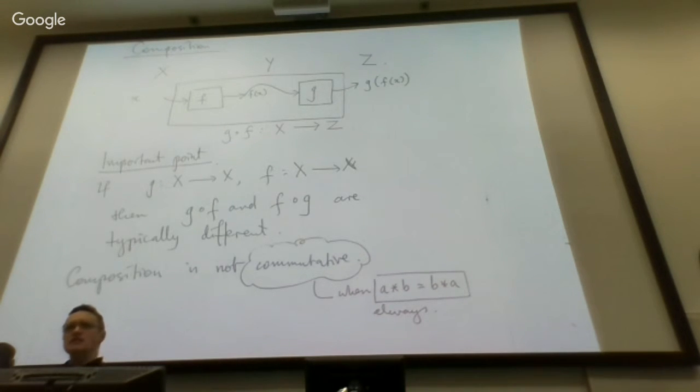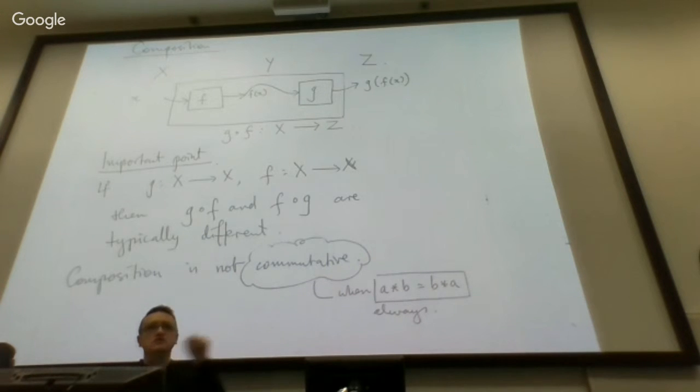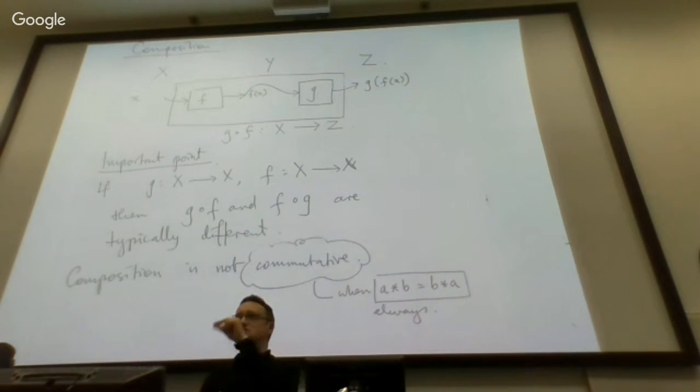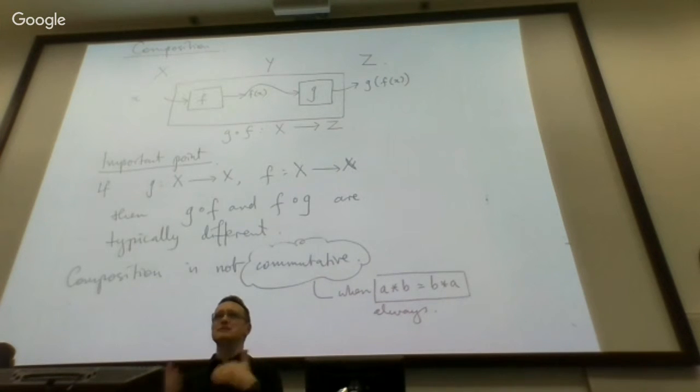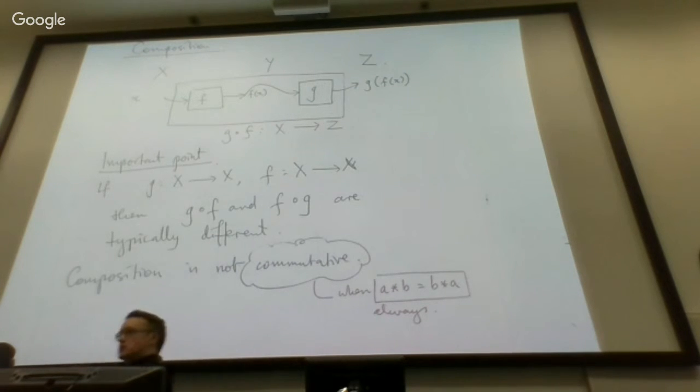And it's not really a mathematical fact, it's more a fact just about reality. Because what we're doing when we're composing is we're doing two operations. And typically when you combine two operations in sequence, it generally makes a difference the order in which you do them. The example I like to use, it's a bit silly, but let's say there's two operations involved in making a cake.